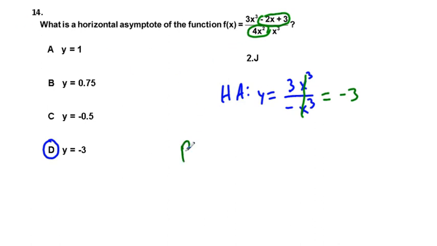I'll call this the little acronym BETC. BETC stands for bottom equals top, in this case, the bottom exponent of cubed equals the top exponent of cubed. Then you use coefficients. So 3 divided by negative 1.